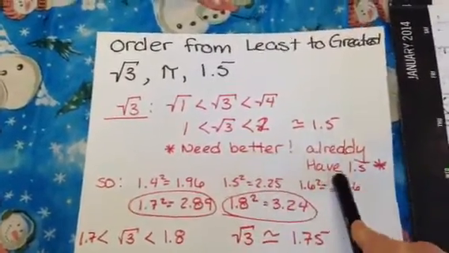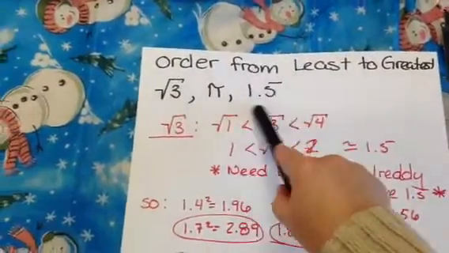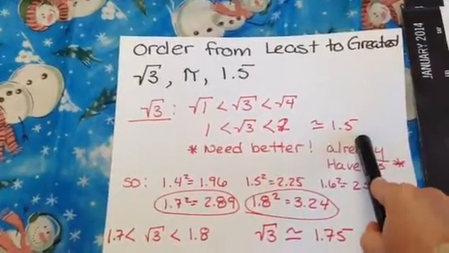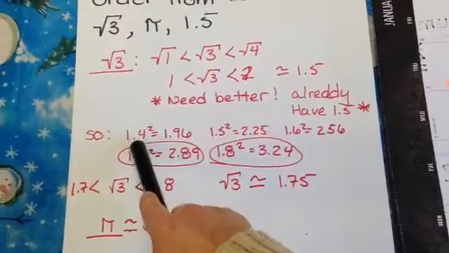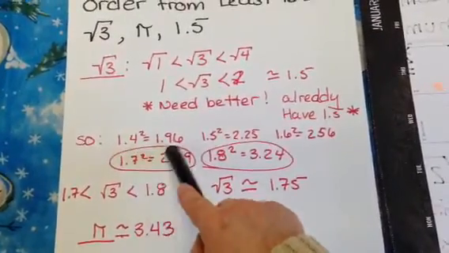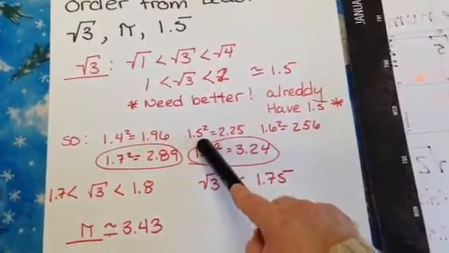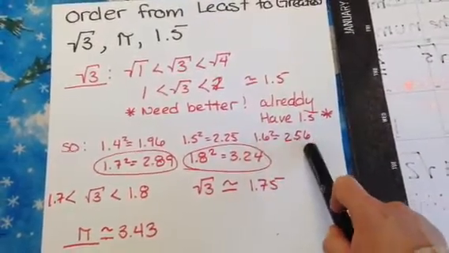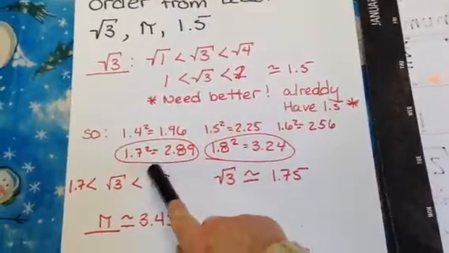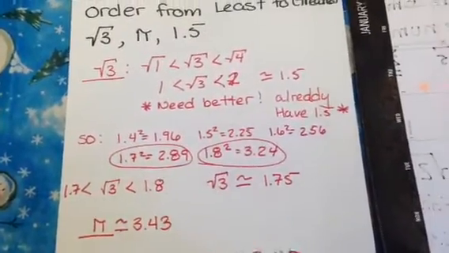Why do I need better? I already have 1.5 right here. Okay, so I need to get to the next place. So now I need to do that second round of estimation. So I started here at 1.4. 1.4 squared was 1.96. 1.5 squared was 2.25. And so I had to keep going. 1.6 squared was 2.56. Still had to keep going. 1.7 squared was 2.89.